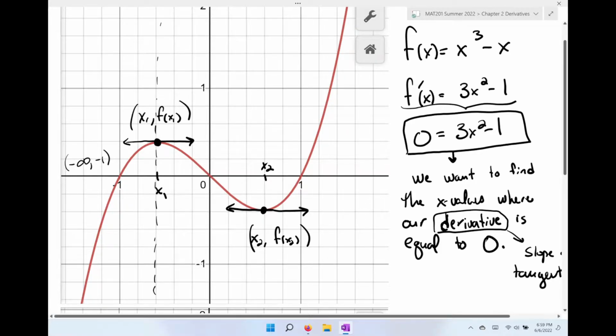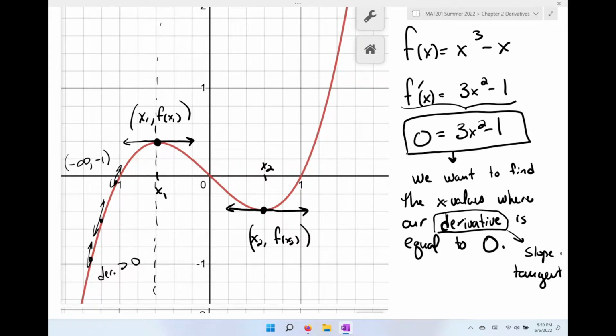If I were to take any tangent line within this interval, all my tangent lines would look like this. There's one tangent line, here's a second, here's a third, but most importantly, my derivative is going to be greater than 0, which means all the slopes of my tangent lines from negative infinity up to -1 are positive.